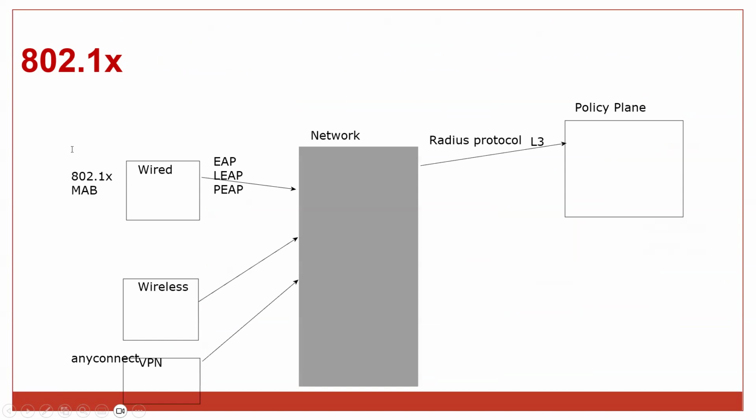Okay. Now let's go and learn about the protocol. I told you earlier, again, whenever you are studying this, just be aware of this particular diagram. Where is what? If we are learning 802.1x, what's the scope of 802.1x?